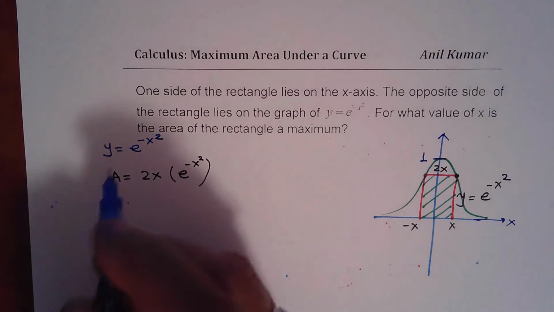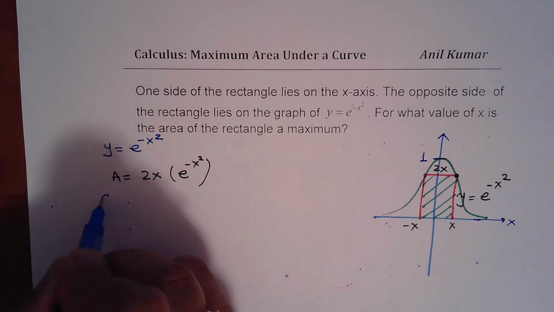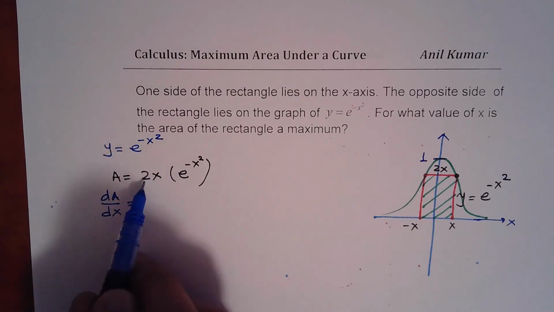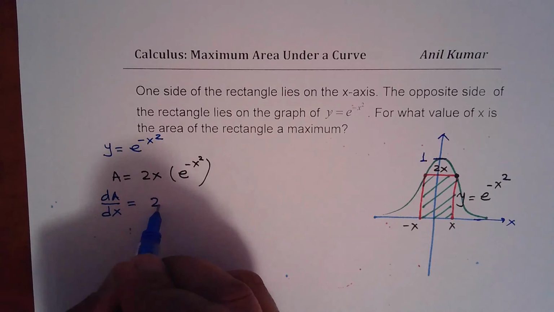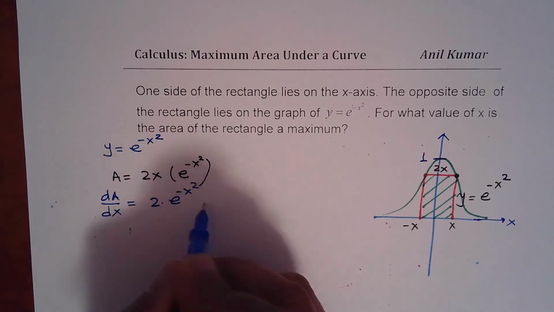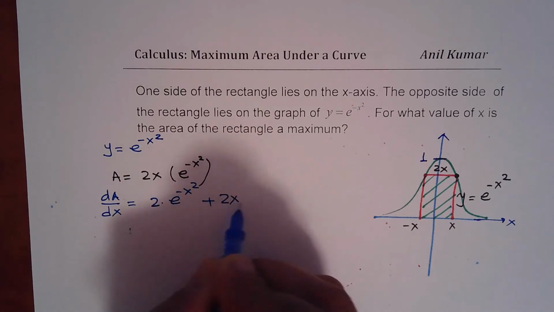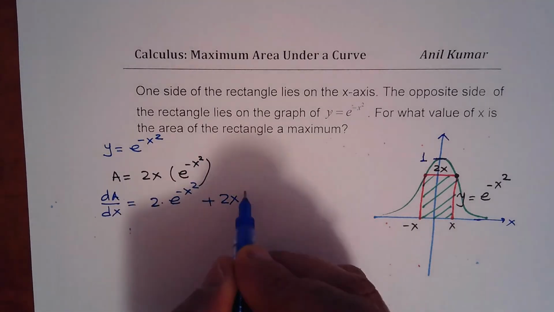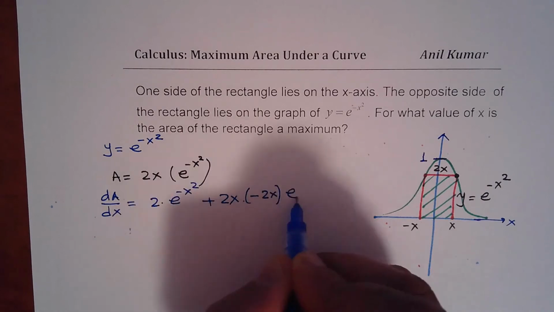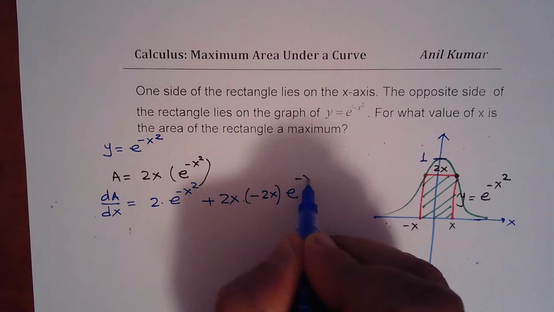So let's find the derivative of this function, dA/dx. We can apply the product rule. The derivative of 2x is 2 times e to the power of minus x squared, plus 2x times the derivative of this function, which is minus 2x, times e to the power of minus x squared.